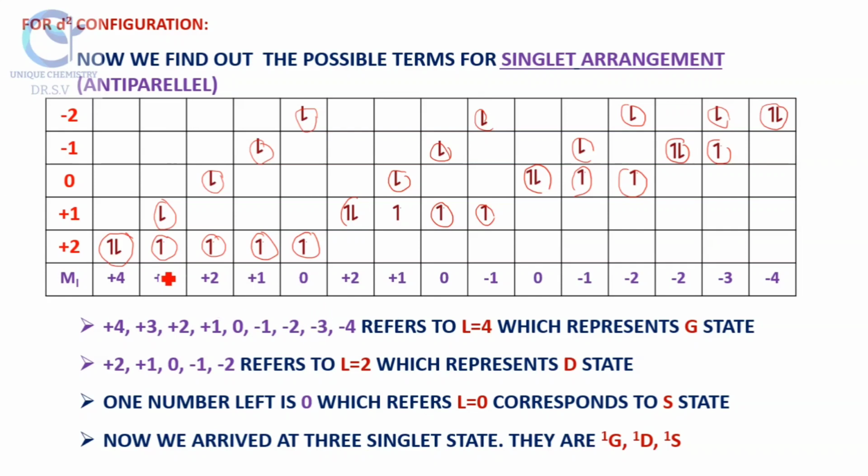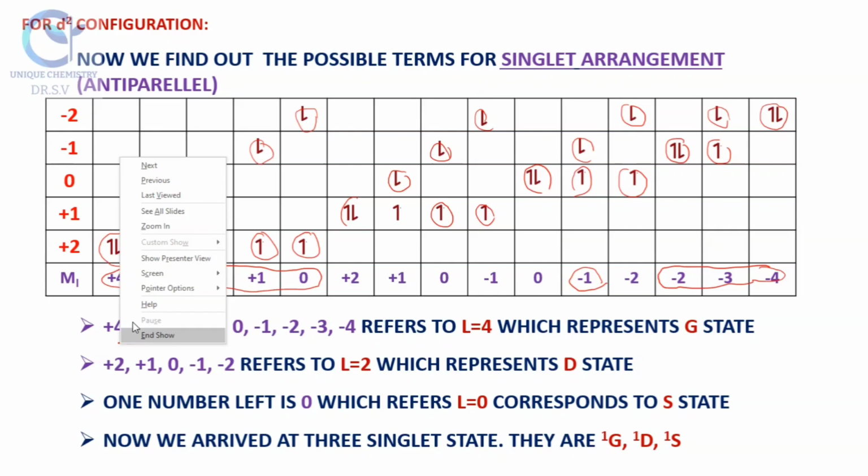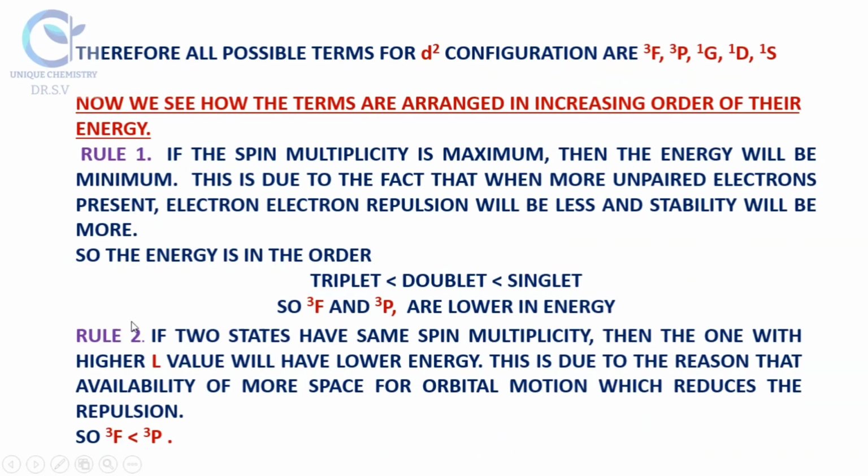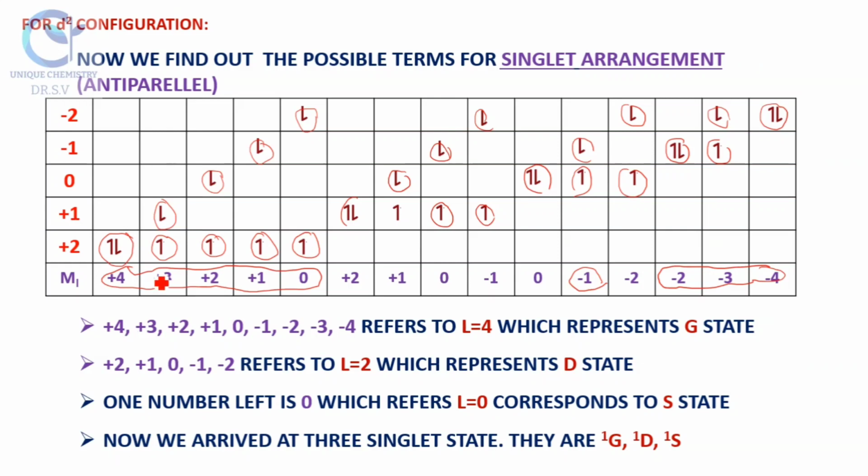Now we collect the suitable ML values for a particular L value. Here we have plus 4, plus 3, plus 2, plus 1, 0, minus 1, minus 2, minus 3, minus 4.